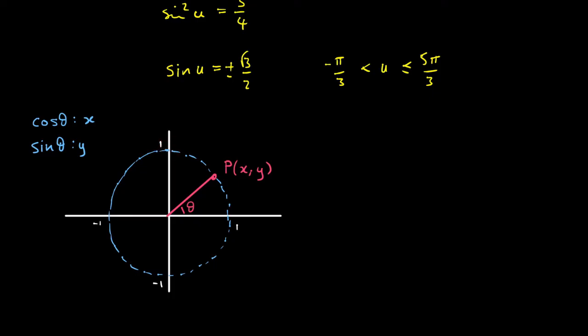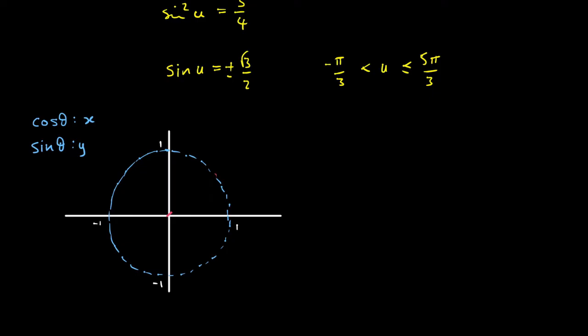So this is a really big idea. It's really useful for you to understand that when we talk about cosine and sine, we're talking about the x and y coordinates on this circle. Now, how can we use this information? What we're going to do is find where sine u is equal to root 3 upon 2.